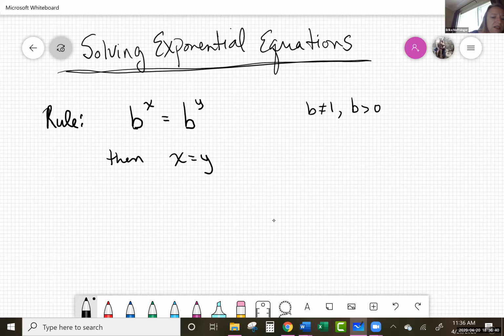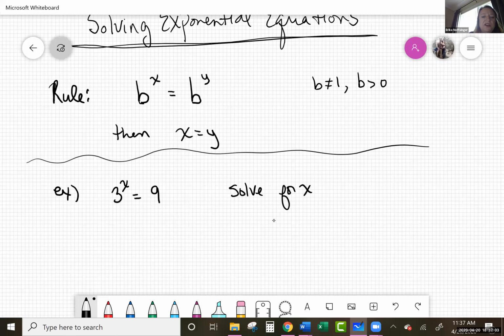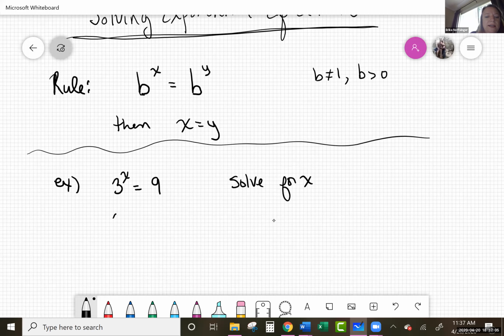So let's look at some equations. Let's say that you were given 3 raised to the x is equal to 9, and it wanted you to solve for x. So let's use the rule above. Notice that you can rewrite 9 to have a base 3.